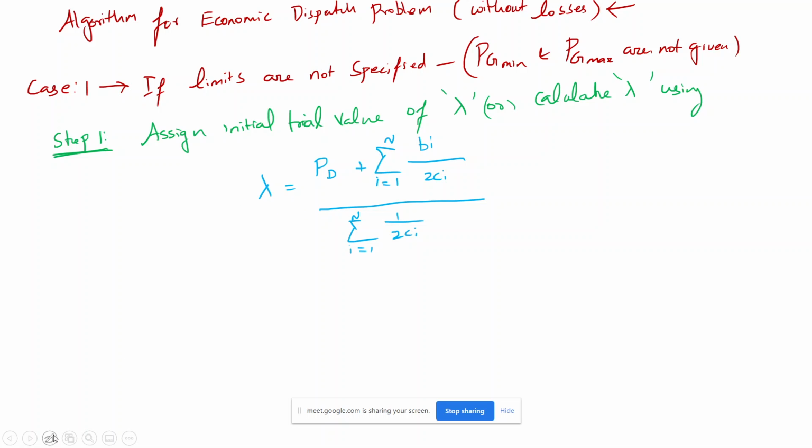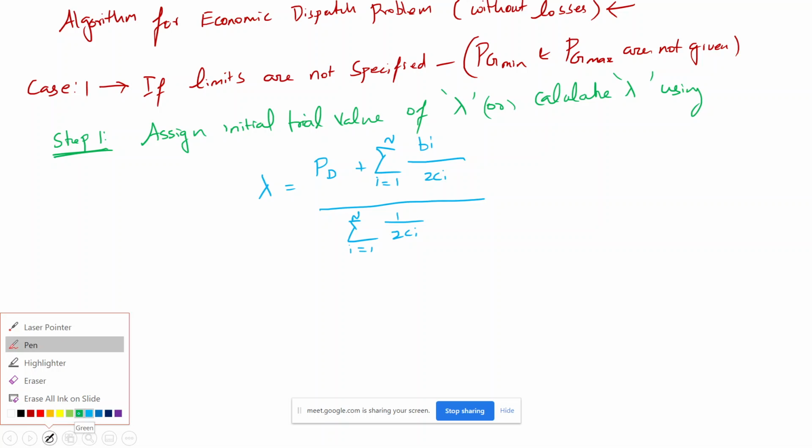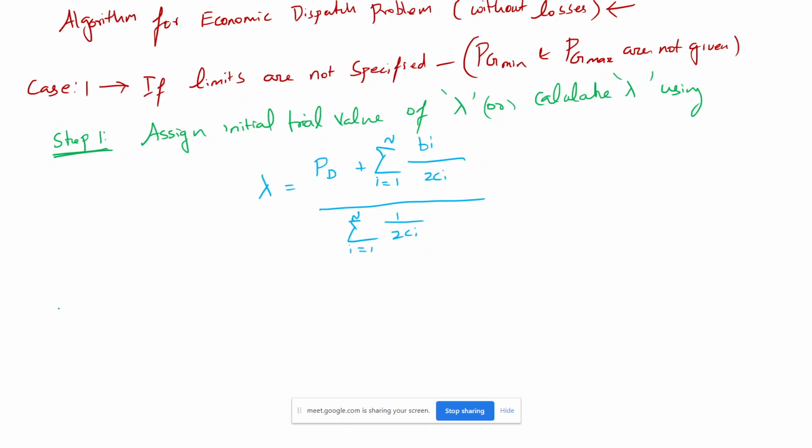Find out the lambda first, and then step 2, compute PGi corresponding to lambda. So what is the PGi formula? We know the PGi formula.